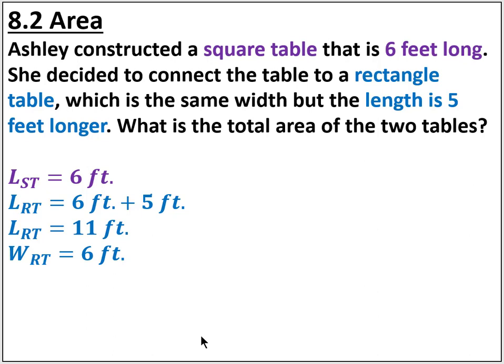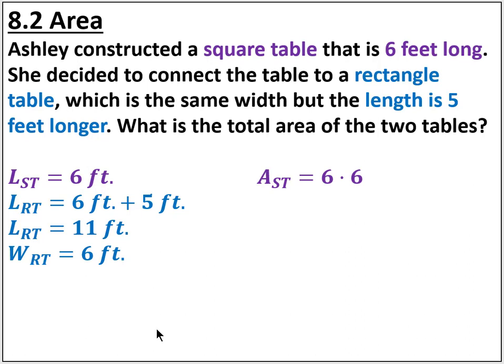I repeat, we're going to find the area of the square table first. Here I label it A sub ST. The area of the square table is the length times the width. Remember, all sides of the square are the same. That's why here I wrote 6 times 6, because that's the measurement that was given in the word problem. Next, we need to find the area of the rectangle table.